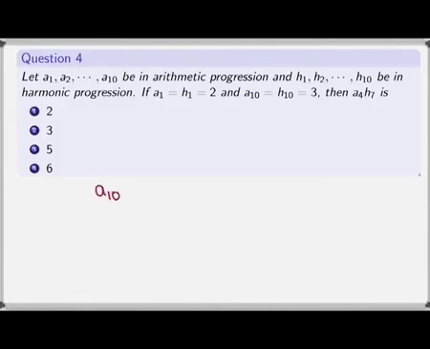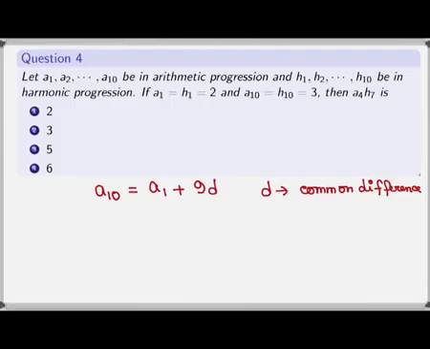We know that A10 is equal to A1 plus 10 minus 1, so this is 9, into D, where D is the common difference of the arithmetic progression A1, A2 up to A10.